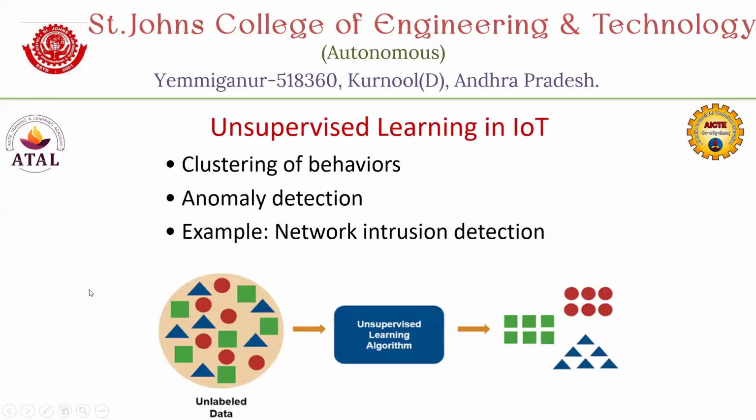When it comes to unsupervised learning, we don't have any sort of labeled data; labeled data will not be available. It learns into clusters. Unsupervised learning clusters IoT sensor data. Here I have shown the example through the diagram.